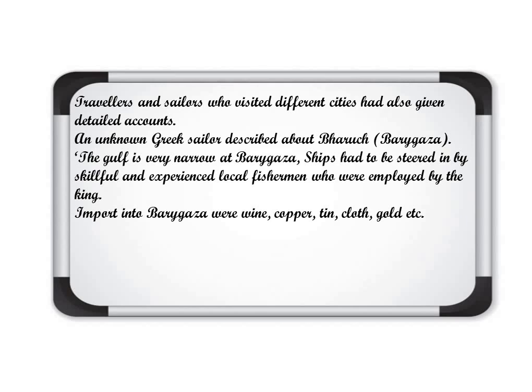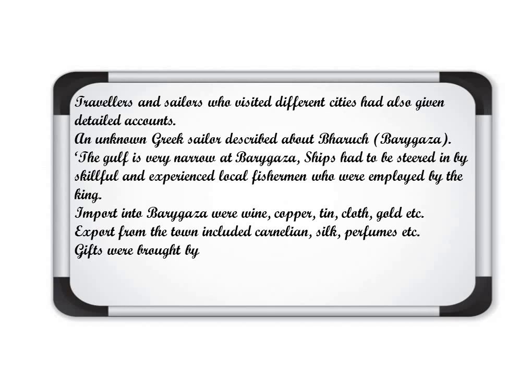Import means the material that was coming from other lands to Barigaza or Bharuch. Imports into Barigaza were wine, copper, tin, cloth, etc. So if any question is asked about what type of import was done at Barigaza, these were the items. Now if we talk about export, meaning the items that were sent to other lands, they included carnelian, which is one type of stone, silk, perfume, etc.